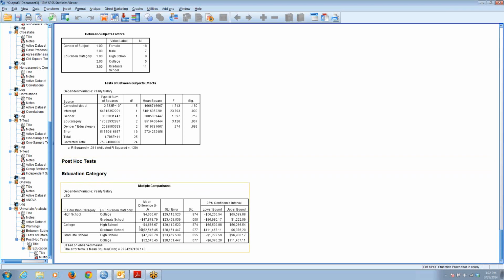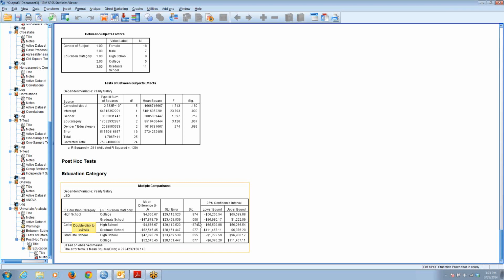So if we look at that, we can say that the difference between high school and college is not significant. But the difference between high school and graduate school is also not significant, but it's kind of almost there, right? 0.055.